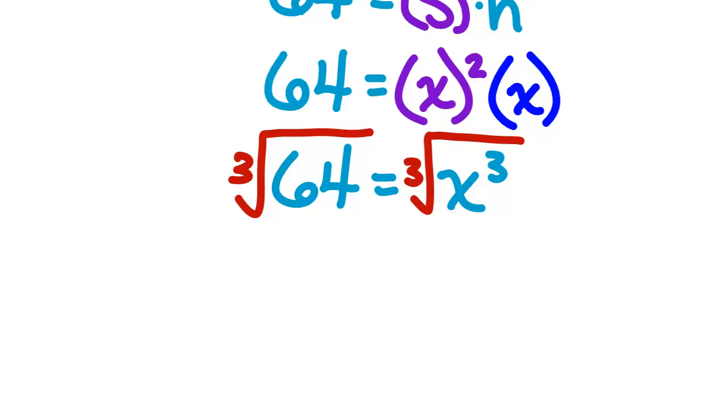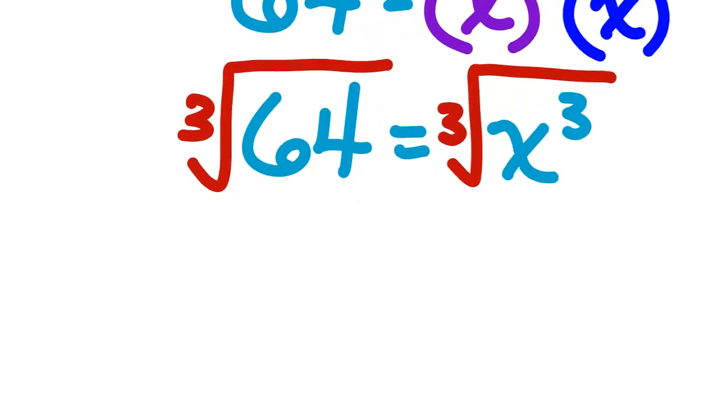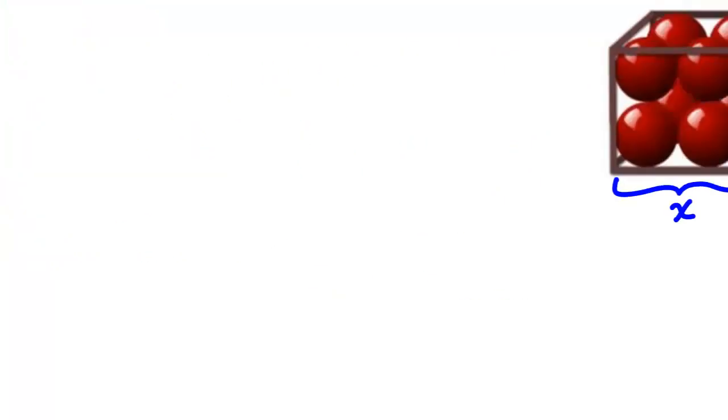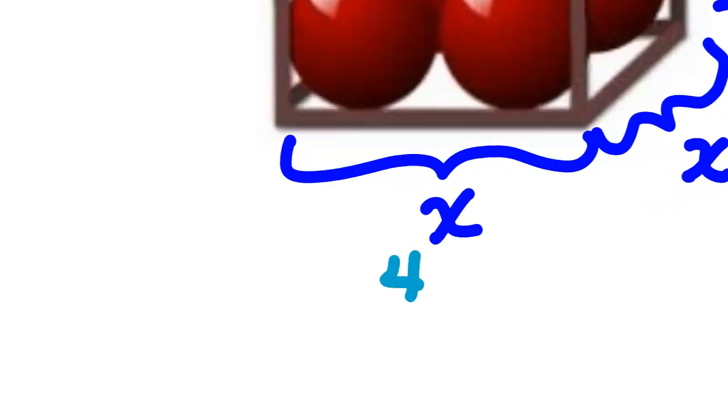Then you type in 64 and hit enter. What'd you get? 4. So 4 is equal to X. So X is 4 inches, 4 inches, 4 inches.